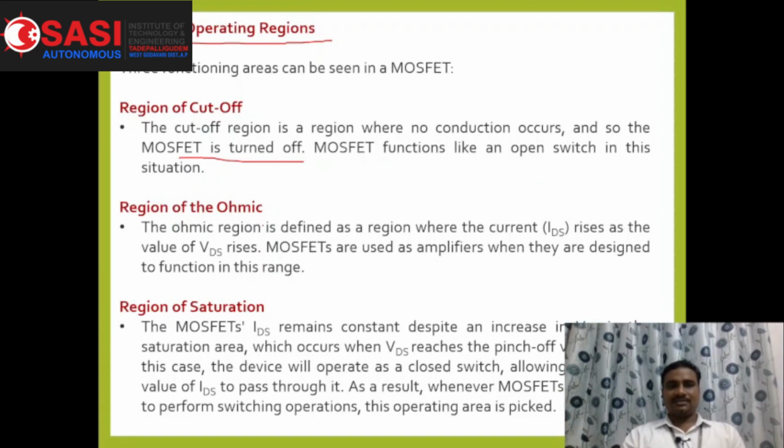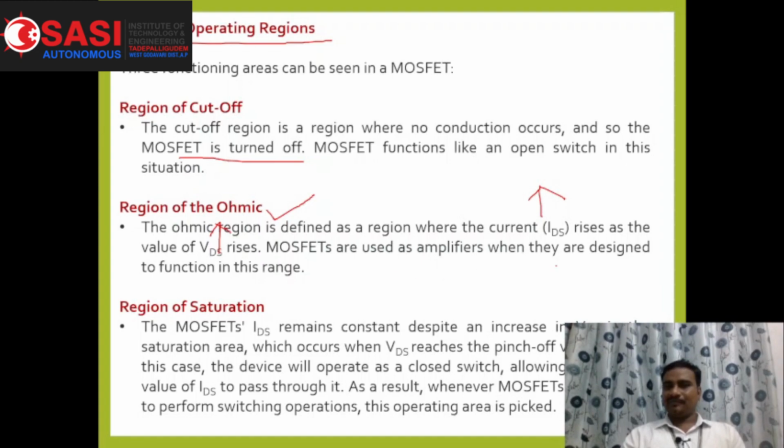The next one is the ohmic region. The ohmic region is defined as the region where the current IDS rises as the value of VDS rises. So as we increase the drain to source voltage, the drain to source current will also increase.